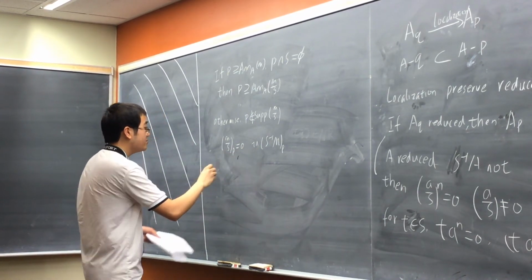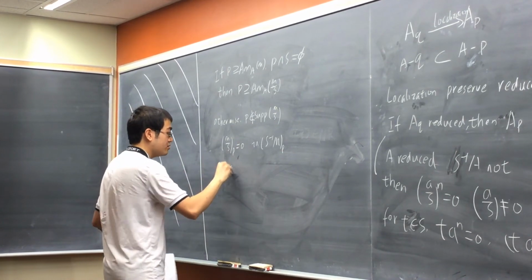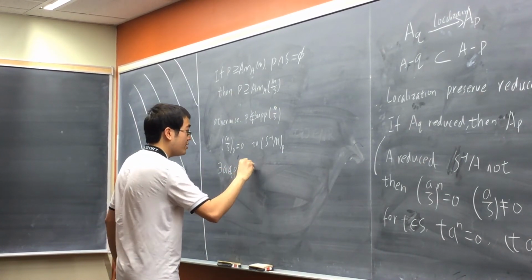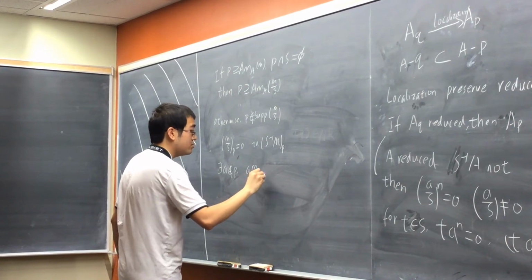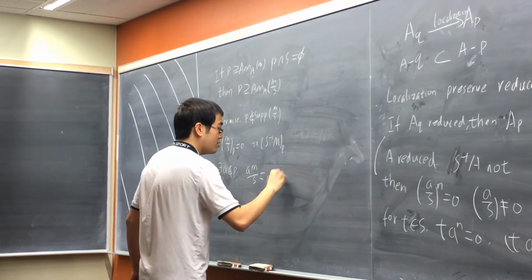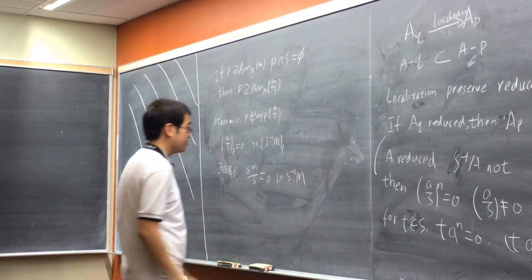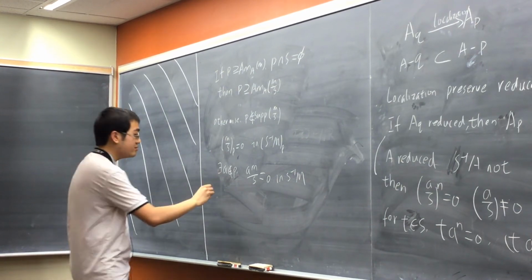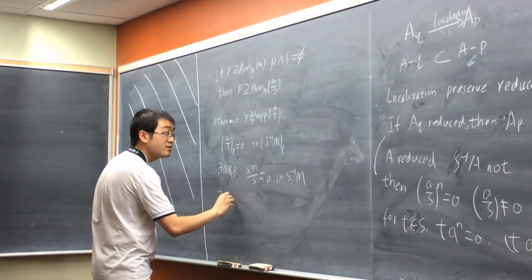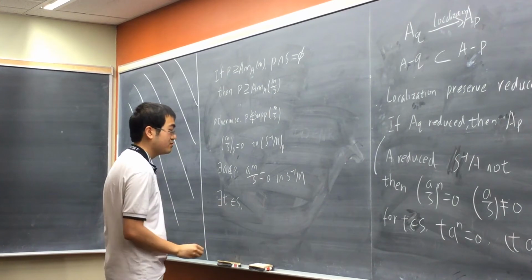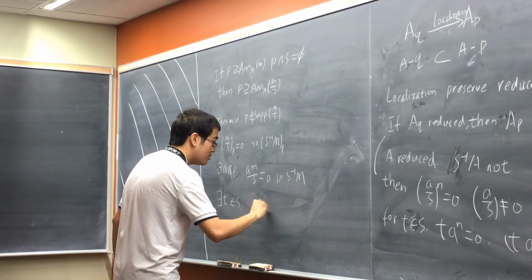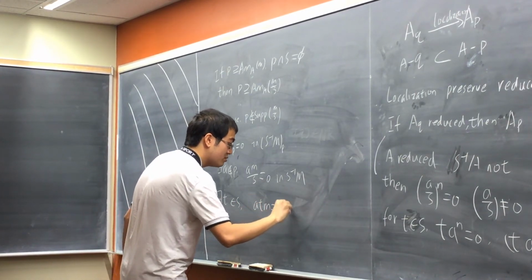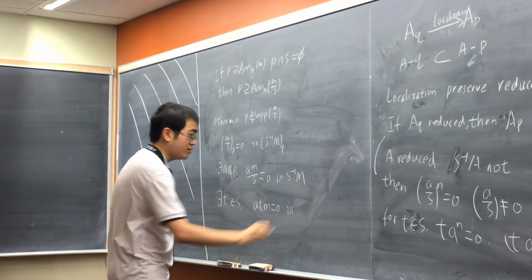So this means there exists A not in P such that A times MX is equal to 0 in S inverse M. And that means there exists T in X such that AT times M is 0. This is just in M.